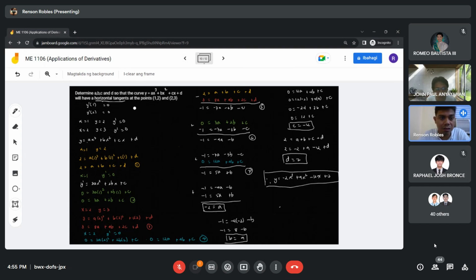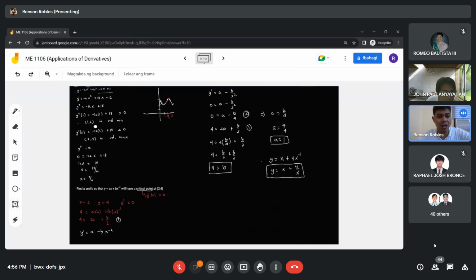The additional part of our problem is we just verify whether, of these points 1, 2 and 2, 3, which is really the relative minimum and which is the relative maximum. That is not part of the problem; your final answer ends here.